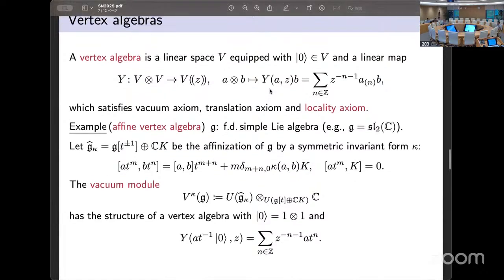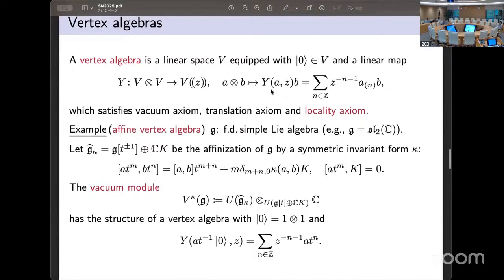Because the input of Y should be two elements, A and B. You ask about this notation, right? Yes, it looks quite strange. This is just a notation.